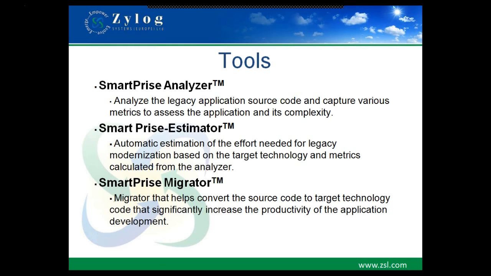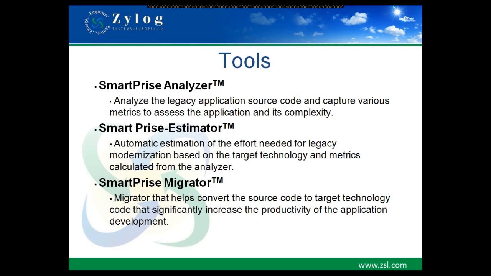Smart Price Analyzer helps us analyze the legacy application source code and gives us various metrics to assess the application and its complexity. One of the main challenges is that when we go to a prospect and identify an application to be transformed, we need to quickly understand the application and ask as few questions as possible of the client, getting as much information as we can from the source code.